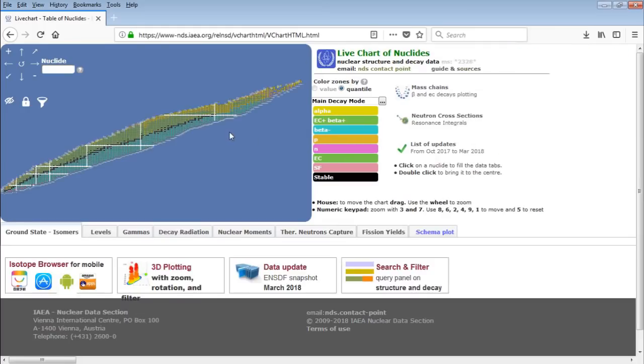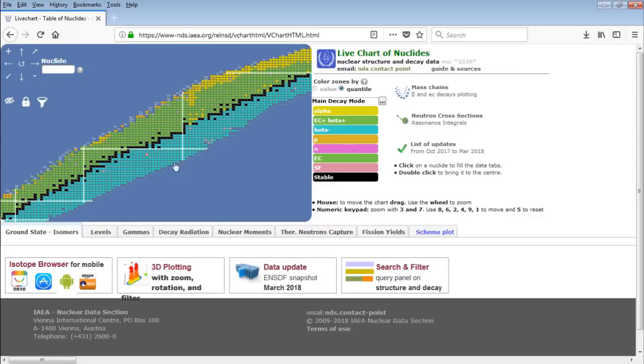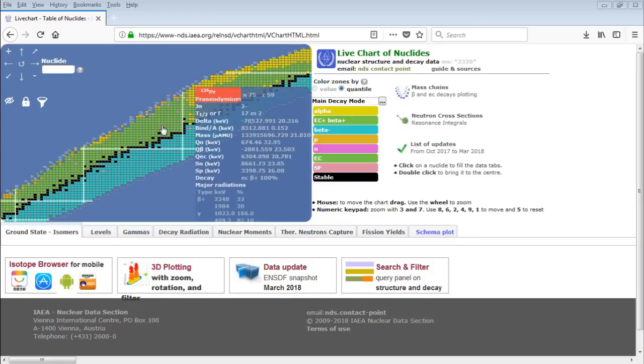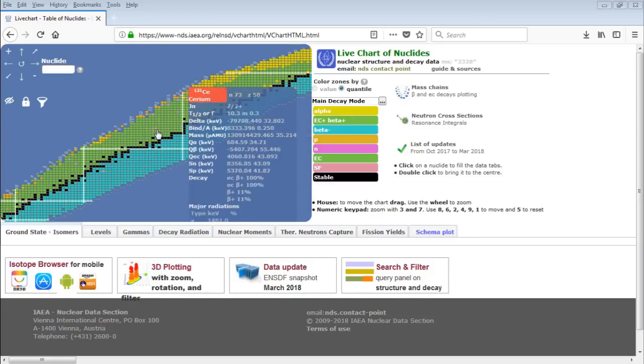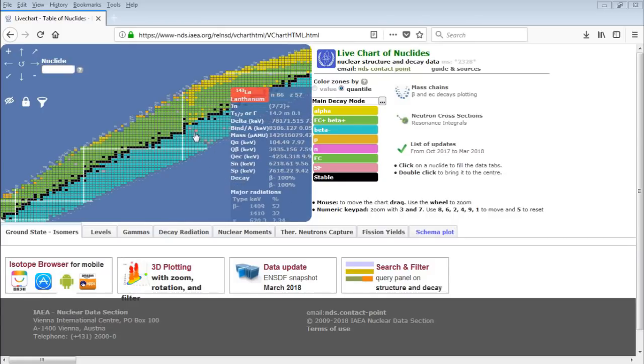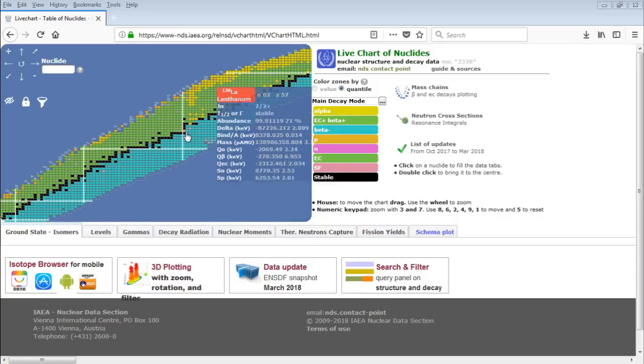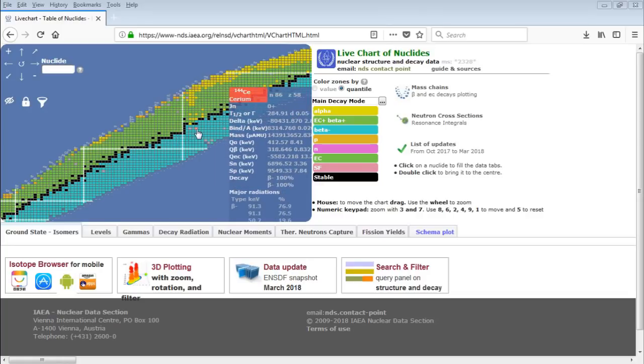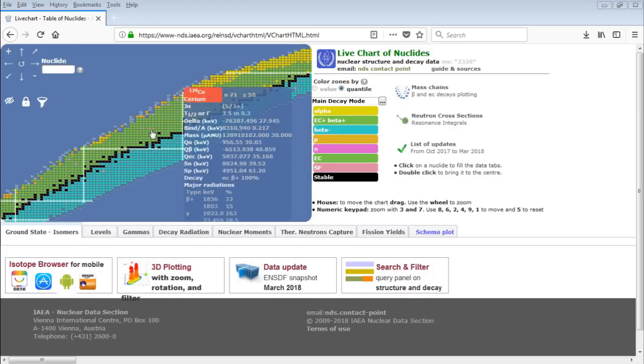Okay, this is the live chart, and you can see that for nuclides with the same number of protons, the same Z, let's say this particular line, on the right there are neutron rich nuclides, and on the left there are neutron deficient nuclides.